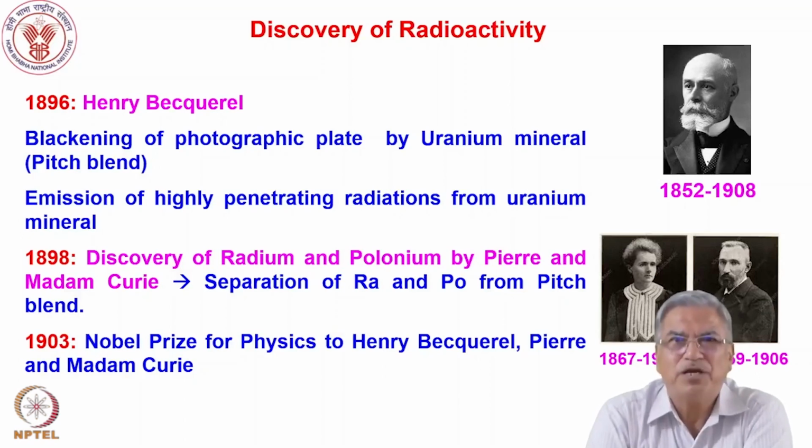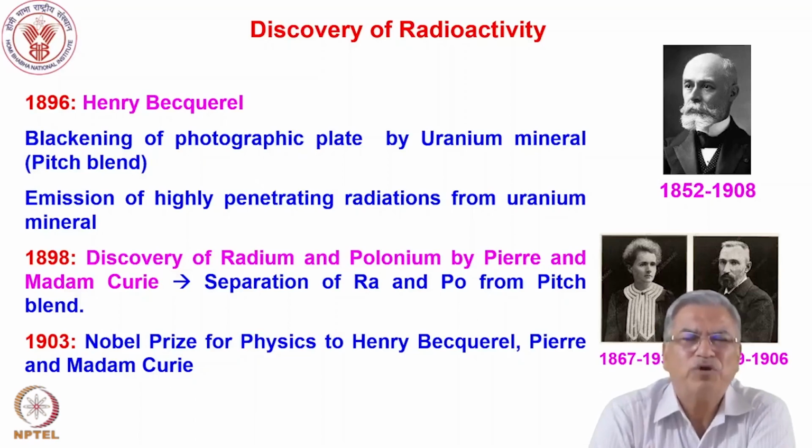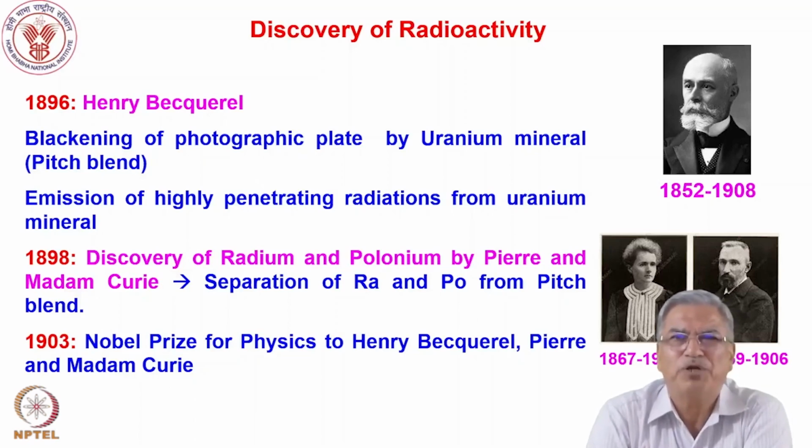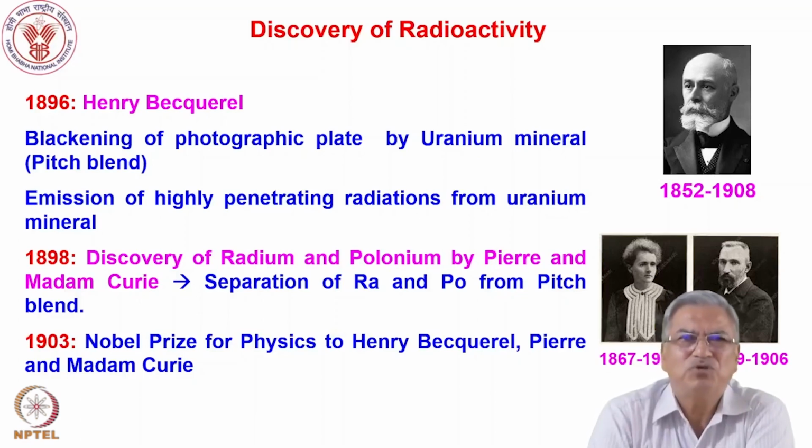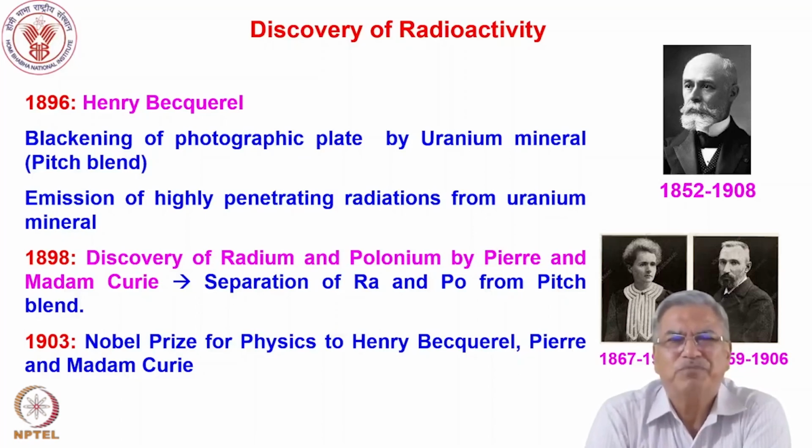But the name radioactivity, in fact, was coined by Madame Curie, who was responsible for the discovery of two more radioactive elements, radium and polonium, along with Pierre Curie. So Pierre Curie and Madame Curie discovered two elements, radium and polonium, which were present in the pitchblende.